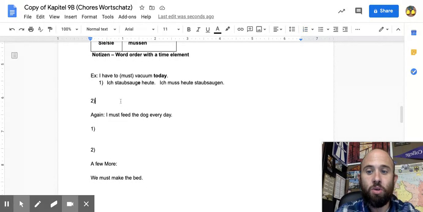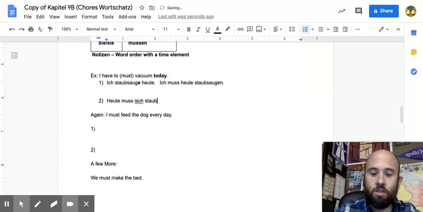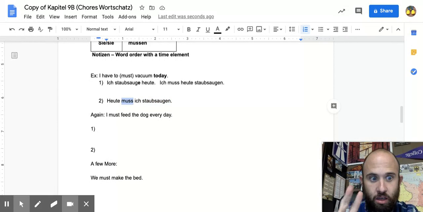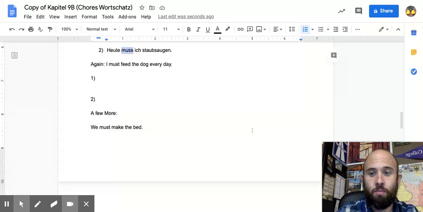I can also switch this up and say, heute muss ich staubsaugen. I don't want to mess around with where muss and staubsaugen are. Okay? Modal verb goes second thing. Other verb goes to the end, and don't conjugate it.